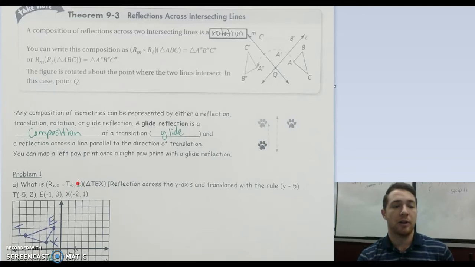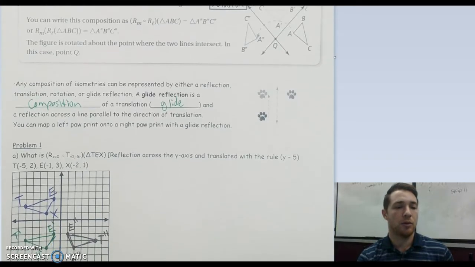But starting with that translation, if I go translating (0, -5), remember that's translated 0 units to the left and right, but 5 units downwards. So my first image would result in T', E', X', which is that triangle moved down 5 units. So every point moves down 5. And then if I also want to reflect that over the line x = 0, that's also another name for the y-axis.